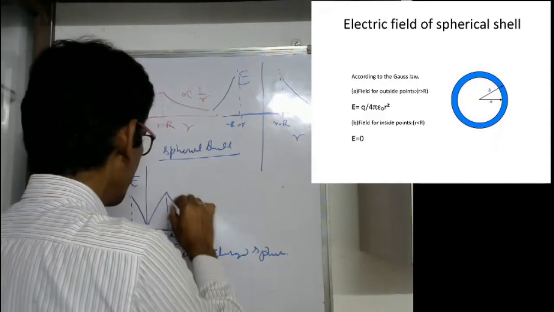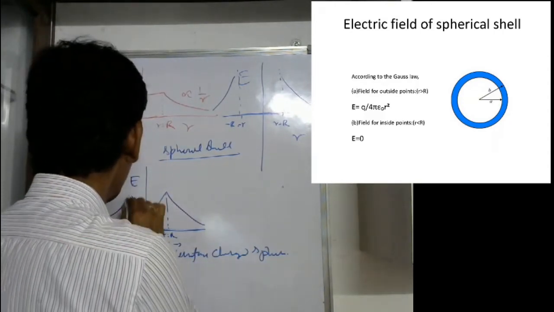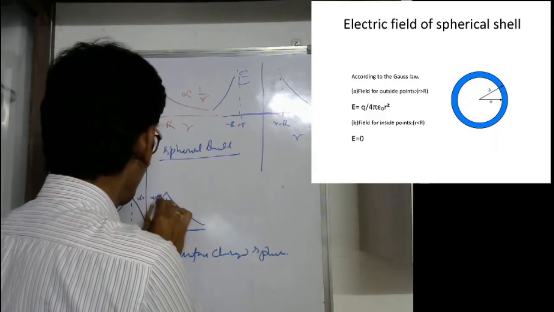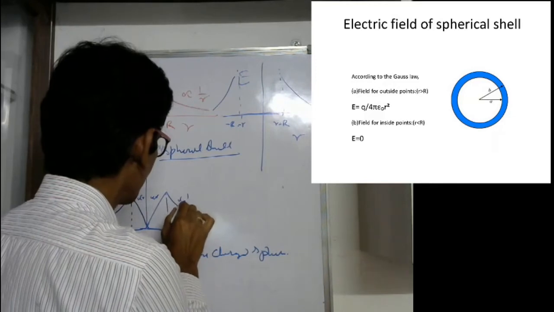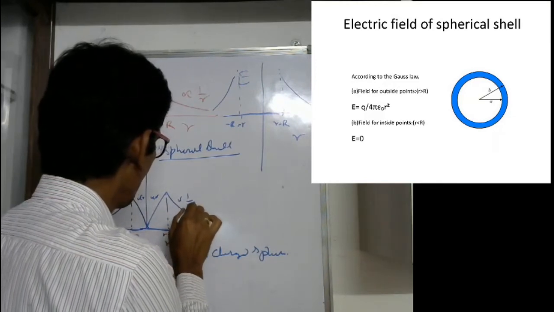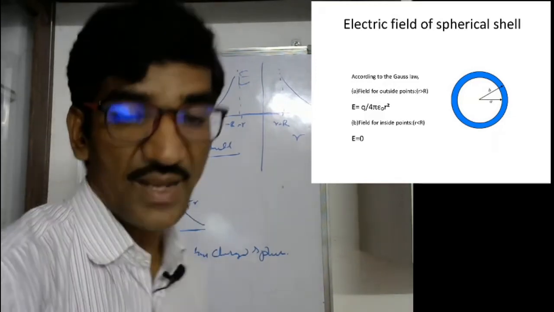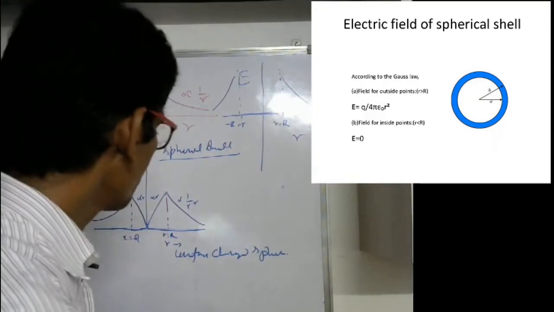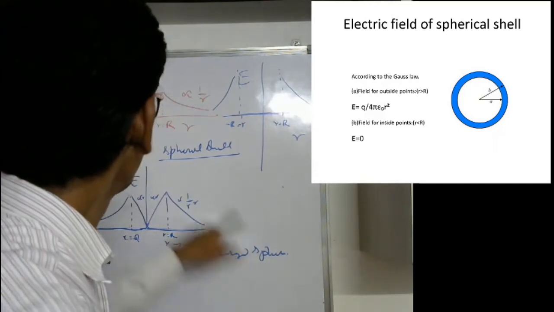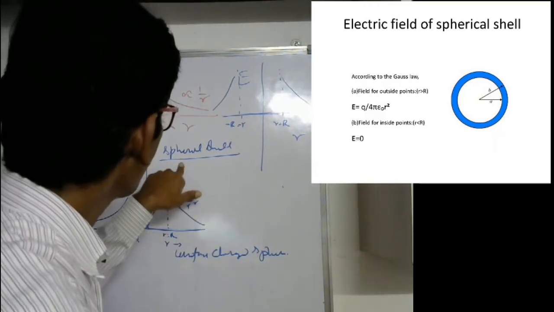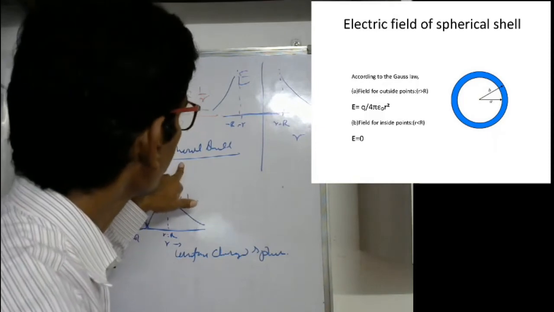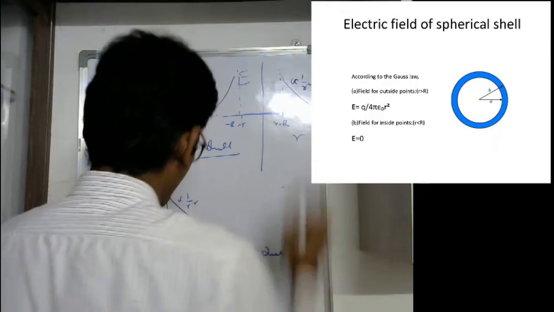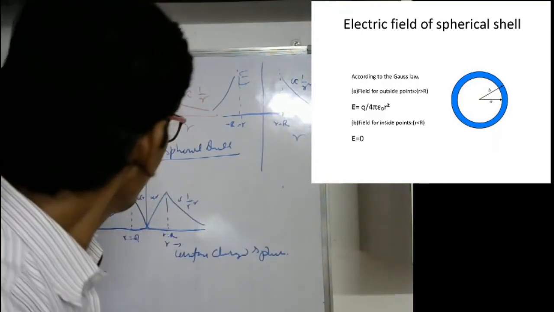So this is proportional to R inside, and inversely proportional to R square outside. This is for the uniformly charged sphere. For the spherical shell, it is also 1 by R square.